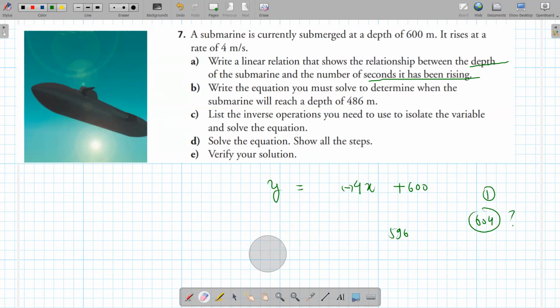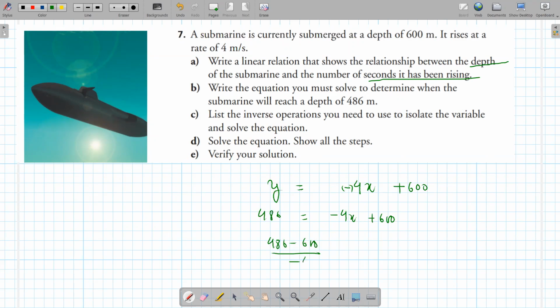Okay? So part B. What time will it reach a depth of 486 meters? So 486 equals Y. Yeah, exactly. Now how do we solve this equation for x? 486 minus 600, and then divided by -4. Yeah, perfect. Not plus 4. A lot of people do plus 4 there.